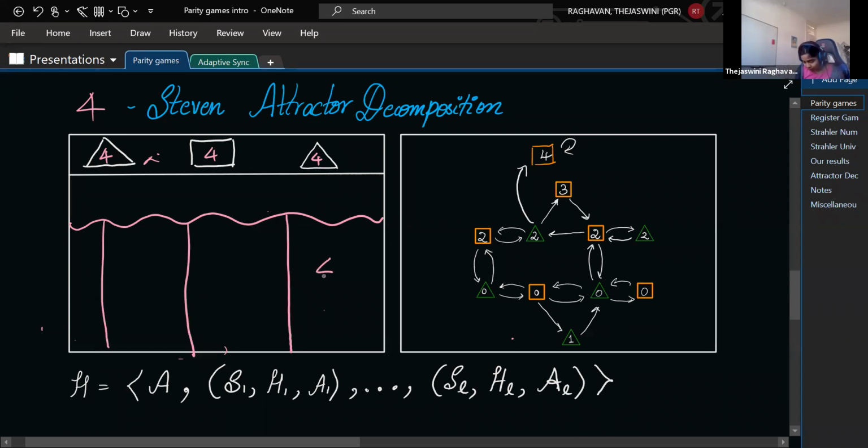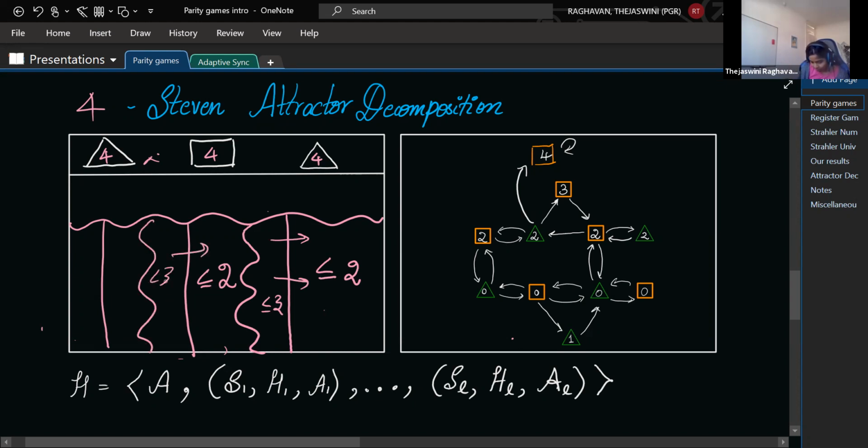So these are winning regions that have priority less than or equal to 2, followed by an attractor of Steven to this, which can have priority less than or equal to 3. And then another set of winning regions for Steven with priorities less than or equal to 2, followed by an attractor of Steven of priority less than or equal to 3, and so on.